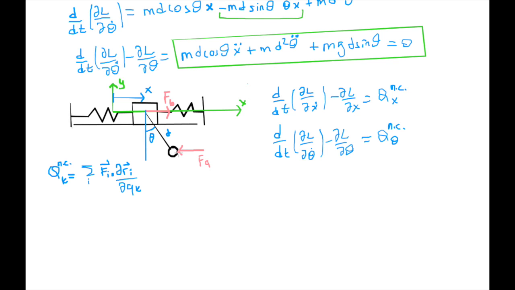So for instance, for Fa, let's say this is my origin. Now I'm going to draw the Ra for Fa. I will start from here and it will come to here. So this is my Ra, and Fb is applied to this point here.